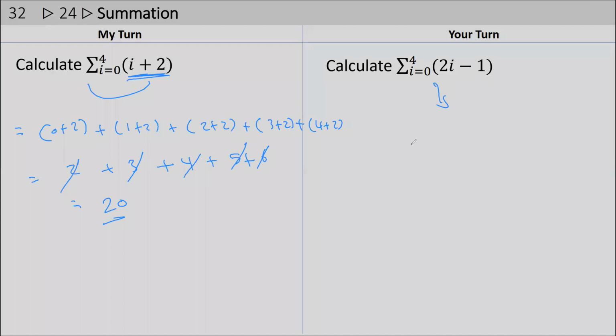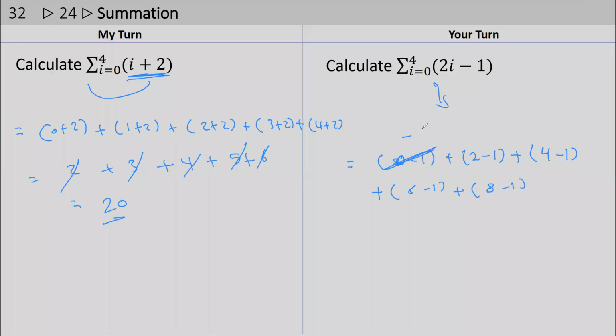Same here. Substitute when I is 0: twice 0 is 0, minus 1. I is 1: 2 times 1 minus 1, so this is 2 minus 1. When I is 2, this is 4 minus 1. When I is 3, this is twice 3, which is 6 minus 1. When I is 4, this is 8 minus 1.